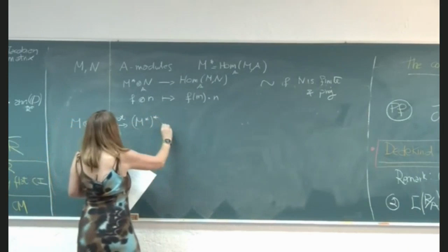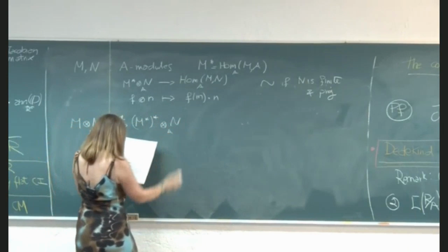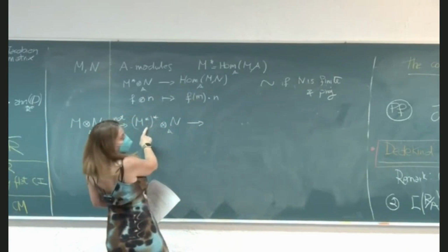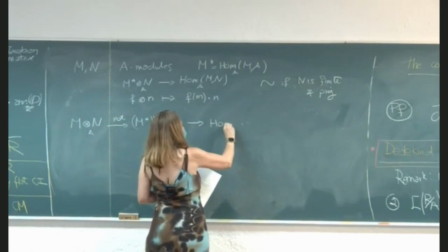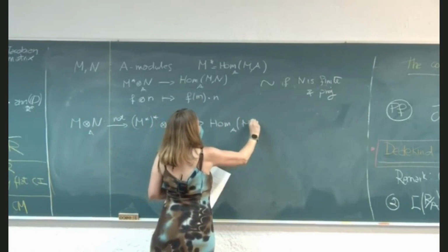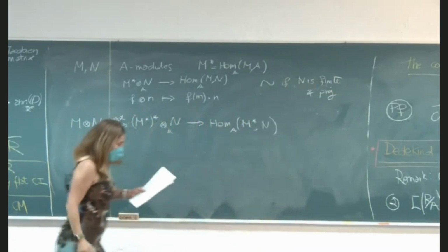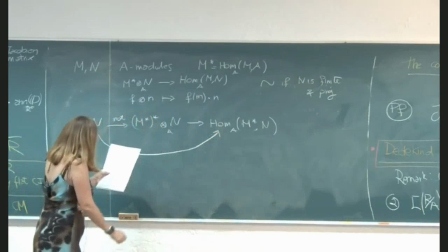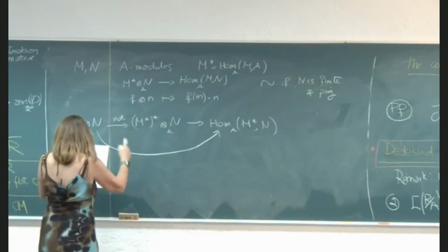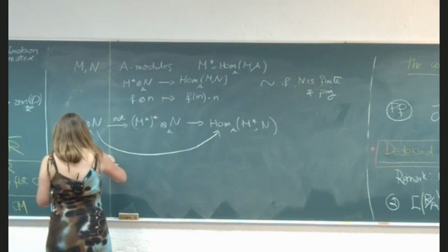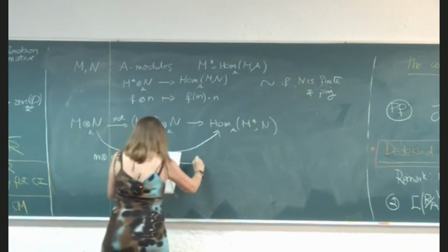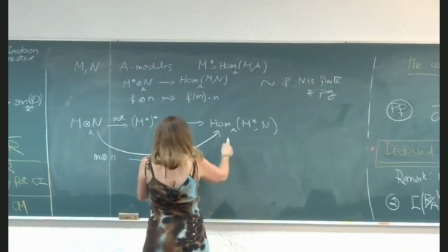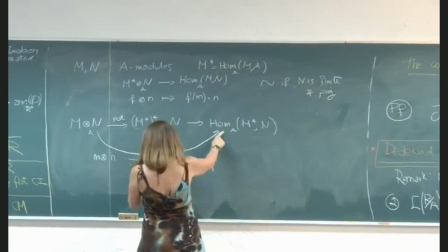Then you can also do the composition. You can start from M tensor N over A, take the natural map that sends you to the double dual, which doesn't have to be the same unless it's reflexive, tensor with N over A. And then this one with the same map here, this is the dual of M star. So this is Hom A of M star against N. And you can compose this map from here to here.